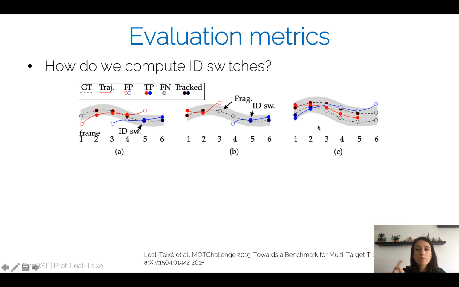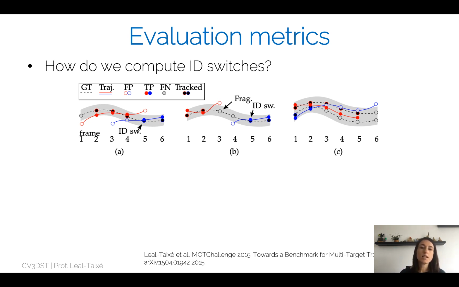So in theory, what could happen is that the red trajectory starts being matched with the top ground truth trajectory, and then suddenly is matched with the bottom ground truth trajectory. So this would create a kind of a false identity switch, right? Because the red trajectory is still close enough to the top ground truth trajectory.